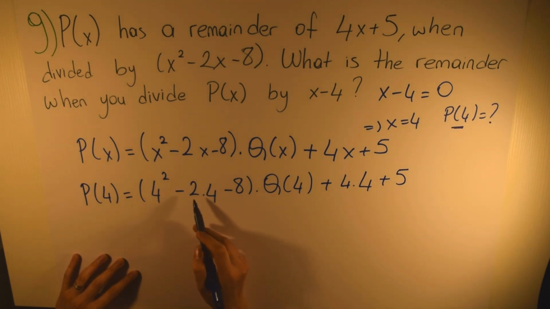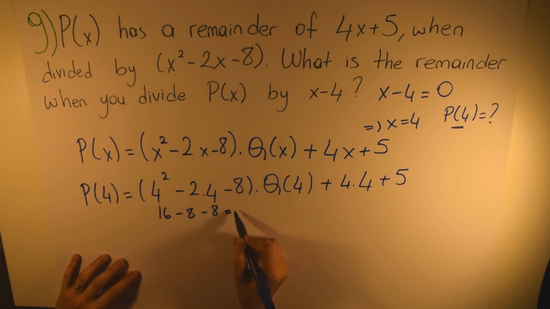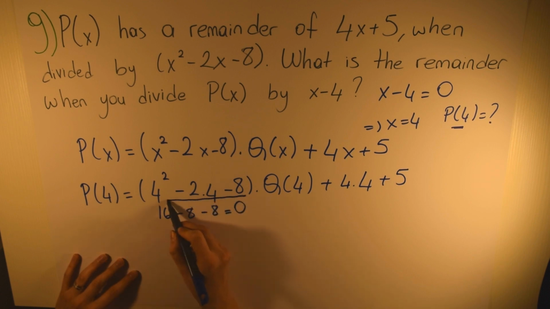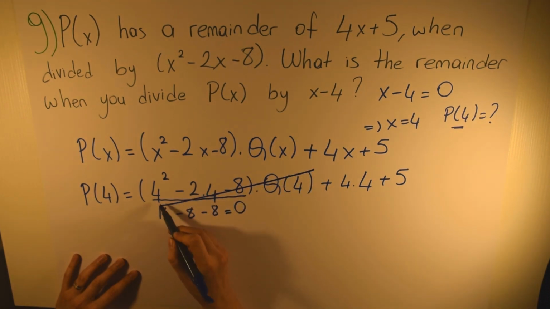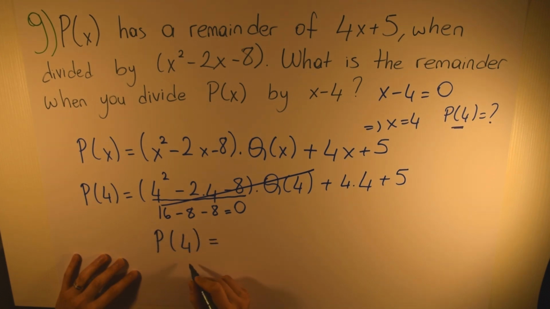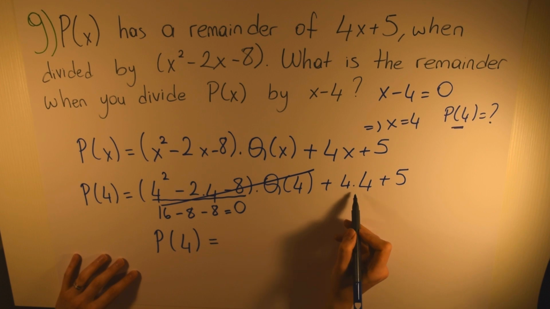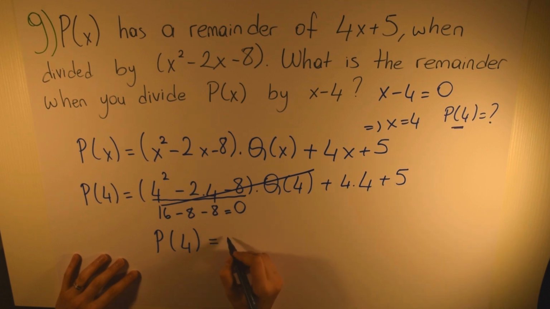This is 16 minus 8 minus 8, which is equal to 0. You see, we get 0 from this expression, which means all this part is equal to 0. And from here, I get P(4) is equal to 4 times 4 plus 5, which is equal to 21.